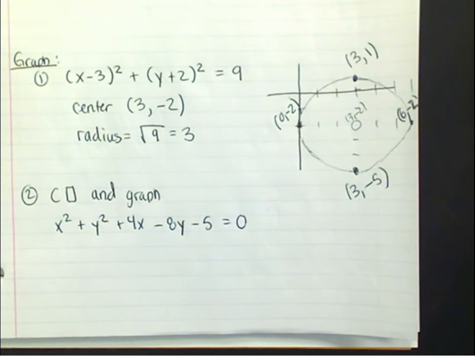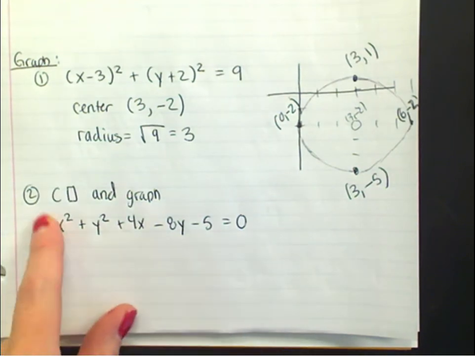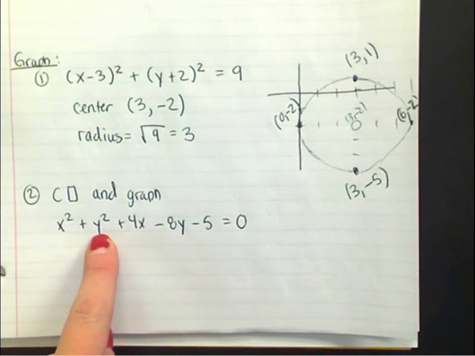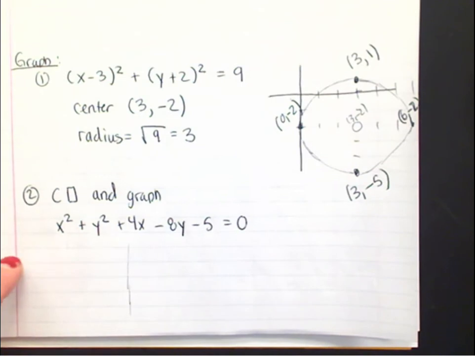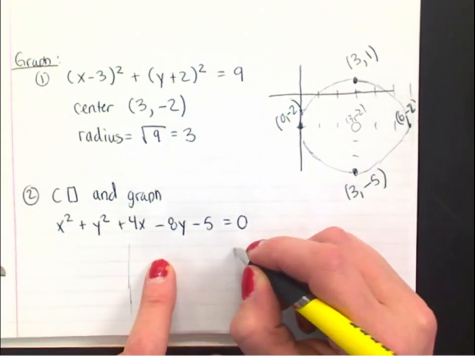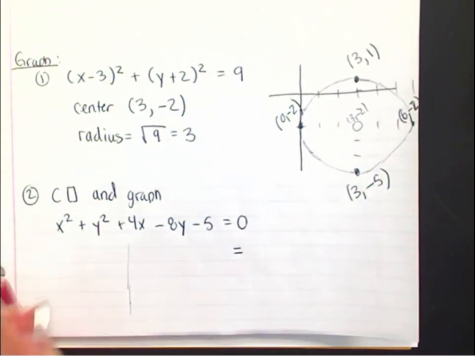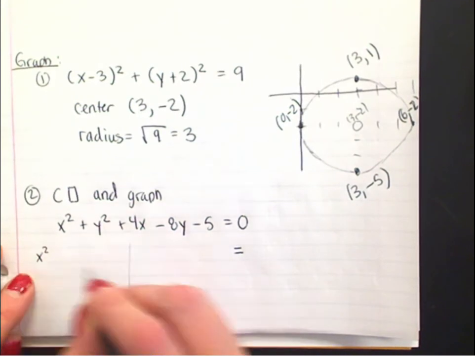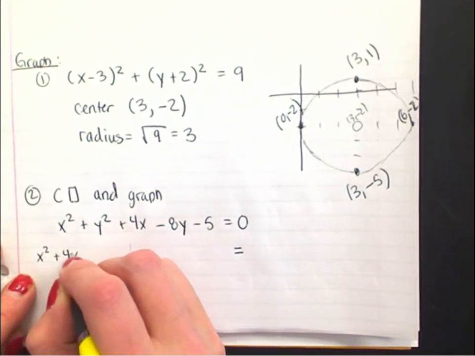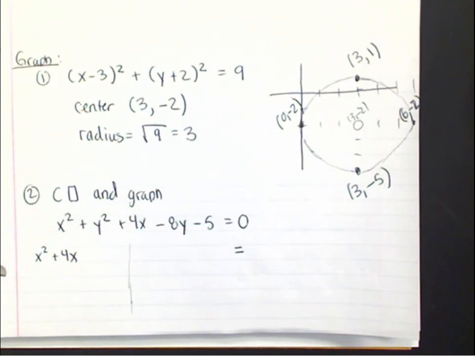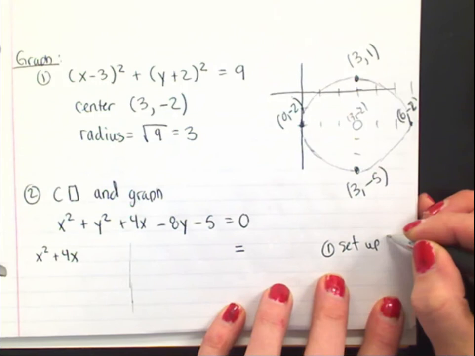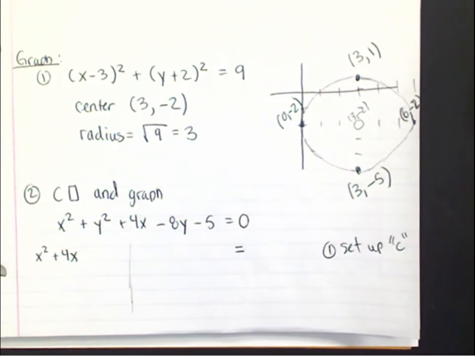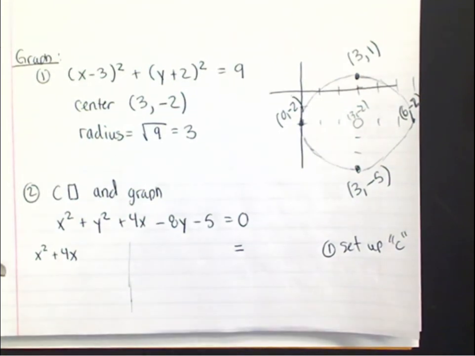That means we're going to complete the square once for x and once for y. So I'm going to draw a little line. Let's put our x's to the left of the line and our y's to the right. All we're doing is setting up to find the, in quotes, C value. It's not really C, but that's what we're finding because we now have 2 squares.